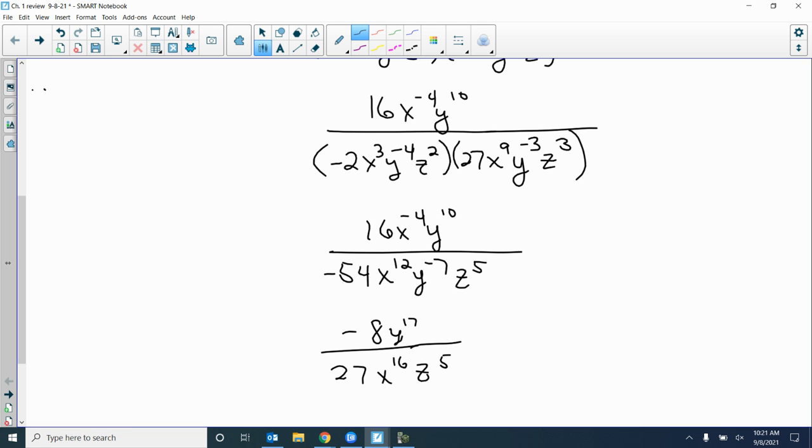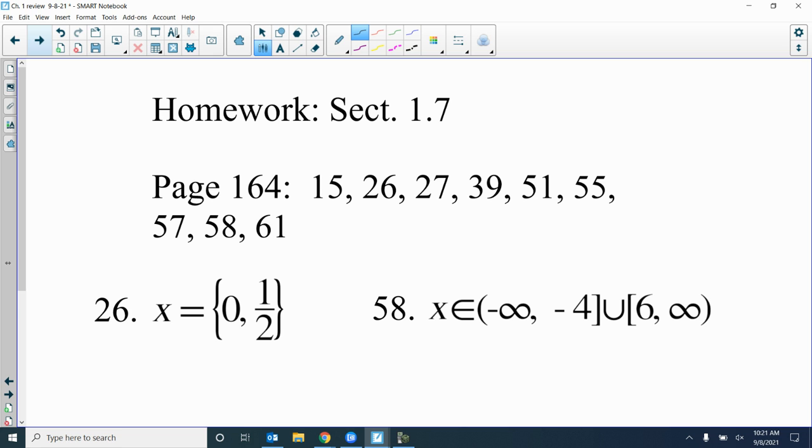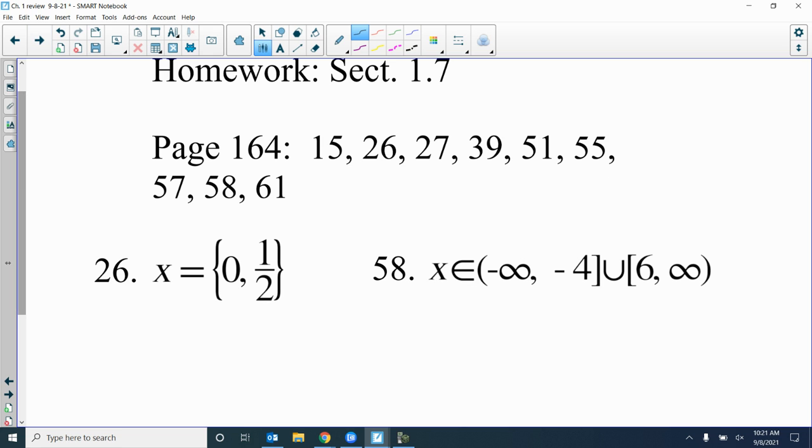All right, homework-wise, let's see. All right, 26. There's your answers of 26 and 28. 0 and 1/2 for 26. 58. What page is that? 164.